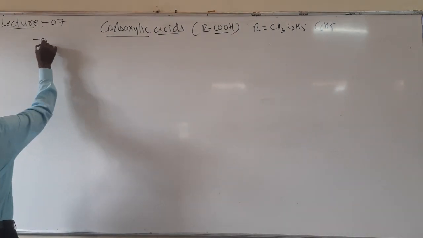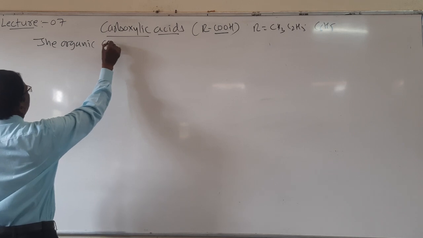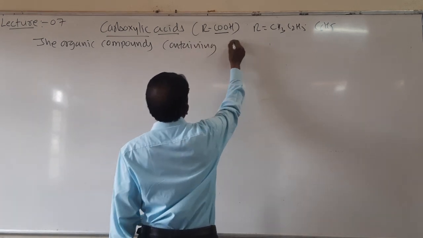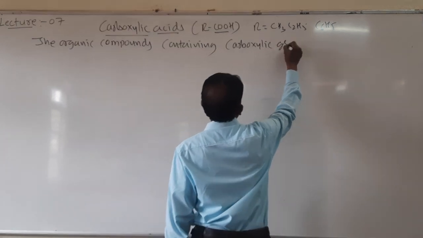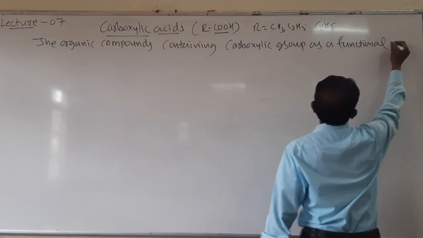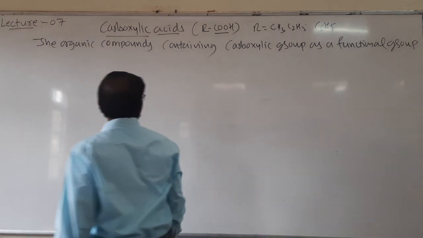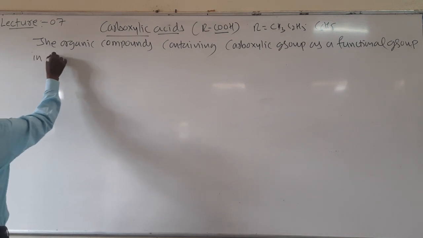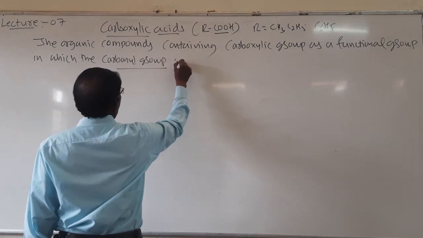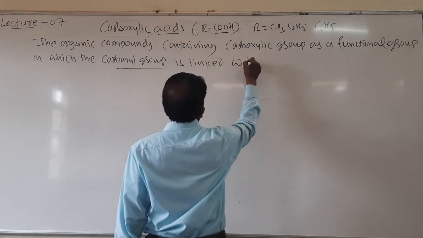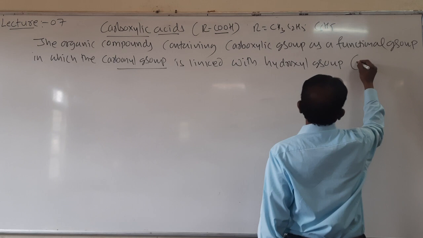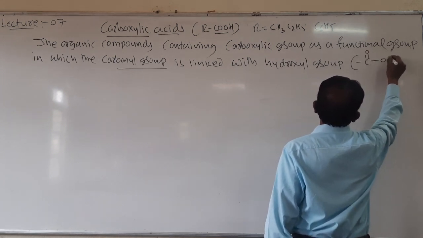So here the organic compound containing a carboxylic group as a functional group, in which the carbonyl group is linked or bonded with a hydroxyl group, that is C double bond O OH.